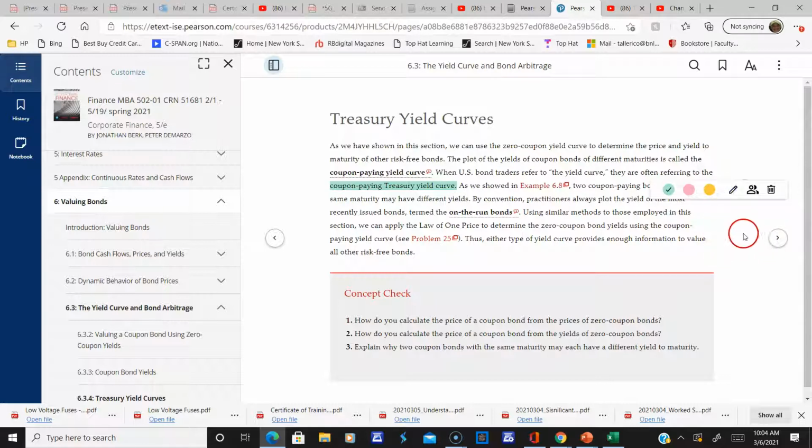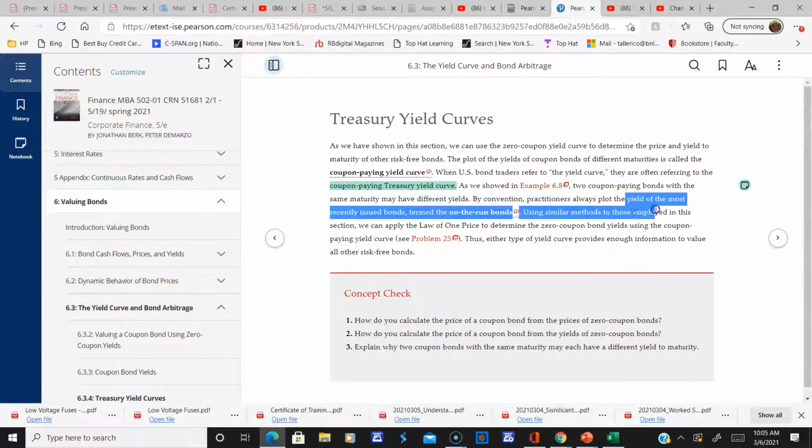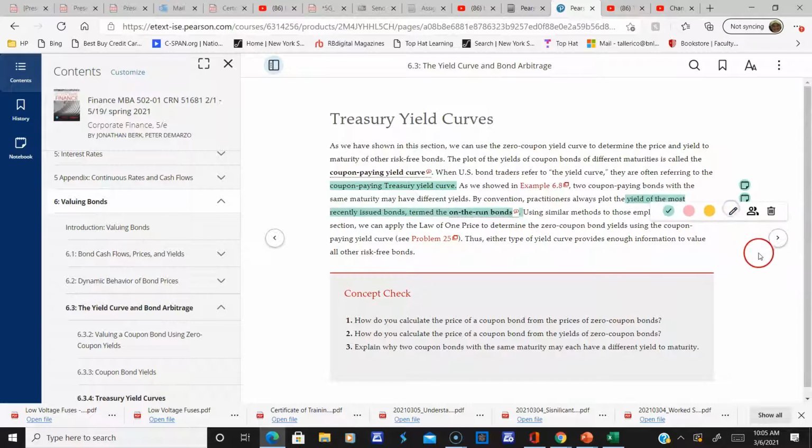Treasury yield curve. As shown in example 6.8, two coupon paying bonds with the same maturity may have different yields. By convention, practitioners also plot the yield of the most recently issued bonds, termed the on-the-run bonds. So this is an important term. The yield of the most recently issued bonds is called the on-the-run bonds. So just to let you know that.